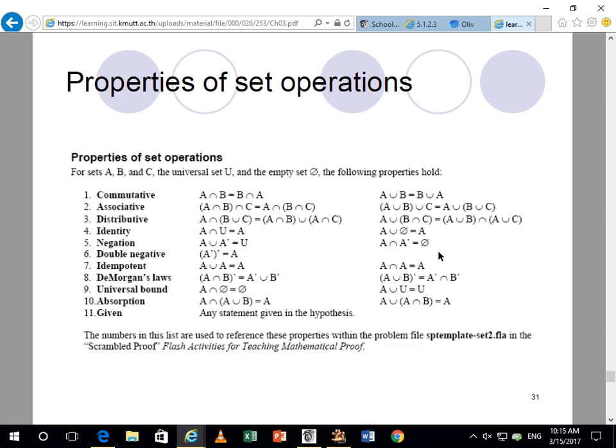We also have negation. Negation means it's negative, the opposite. So when we take A and the complement of A, which means everything but A, together they give you the whole universe, the universal set.